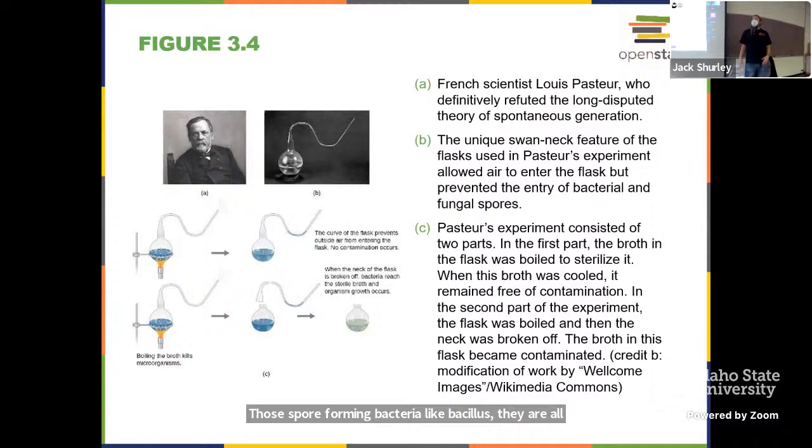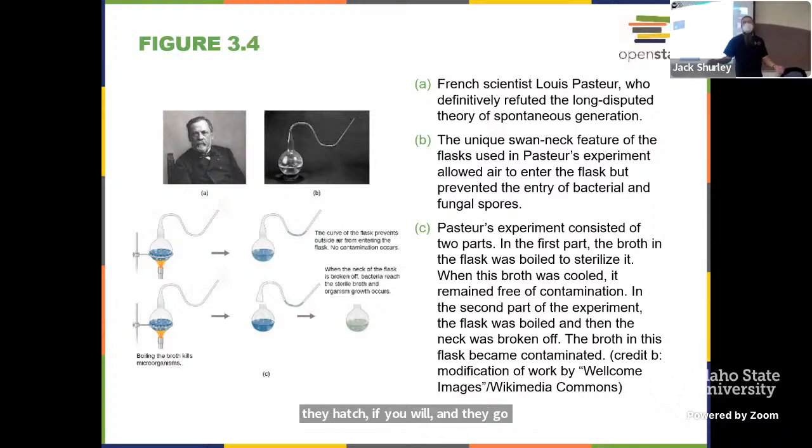And on stuff like vegetables or whatever, they are there. And if you cook it up and then cool it down, those spores that were formed, all of a sudden, they go back into the bacterial phase. They exfoliate, they hatch, if you will, and they go back and grow, all right?